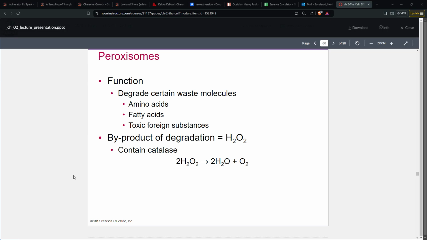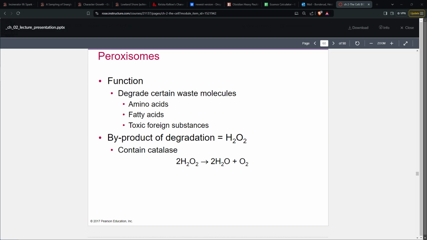It's one of the things we talk about in microbiology, how certain types of bacteria deal with this, especially our anaerobic bacteria, but peroxide is deadly. It is a poison. And so, compounds that are going to be broken down and give off peroxide as a byproduct are going to be broken down in these peroxisomes, because these peroxisomes contain a special enzyme. This enzyme is known as catalase.